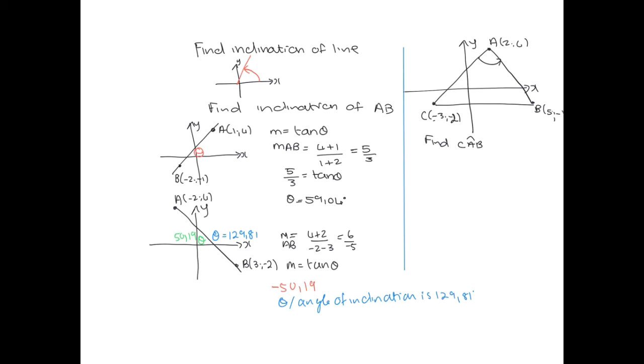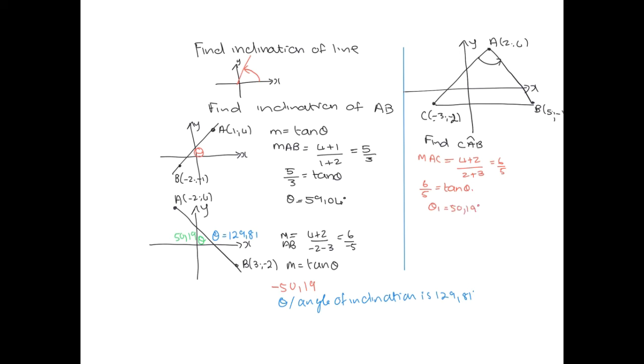So let's say we have here, the gradient of AC is equal to (4 plus 2) over (2 plus 3), which is 6 over 5. So 6 over 5 equals tan, and we're just labeling it different things, theta 1. So shift tan 6 over 5, and we get an angle, theta 1 is equal to 50,19.